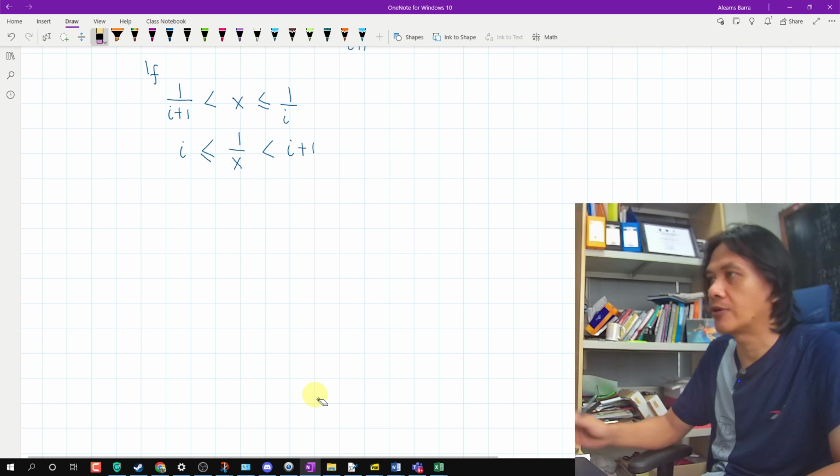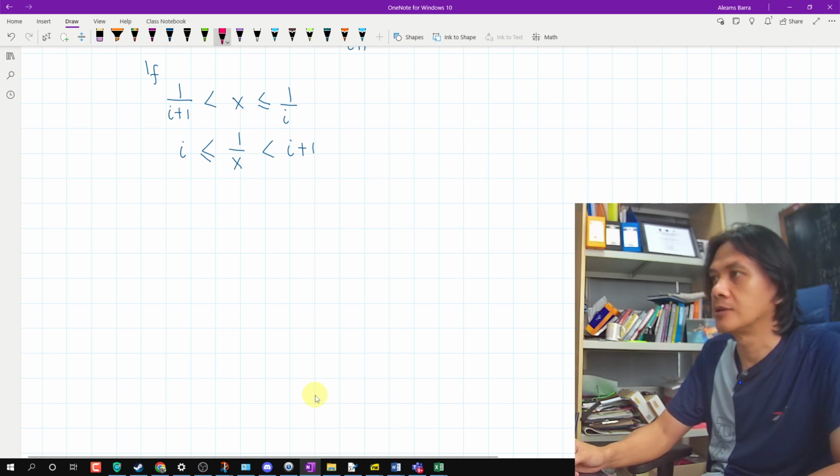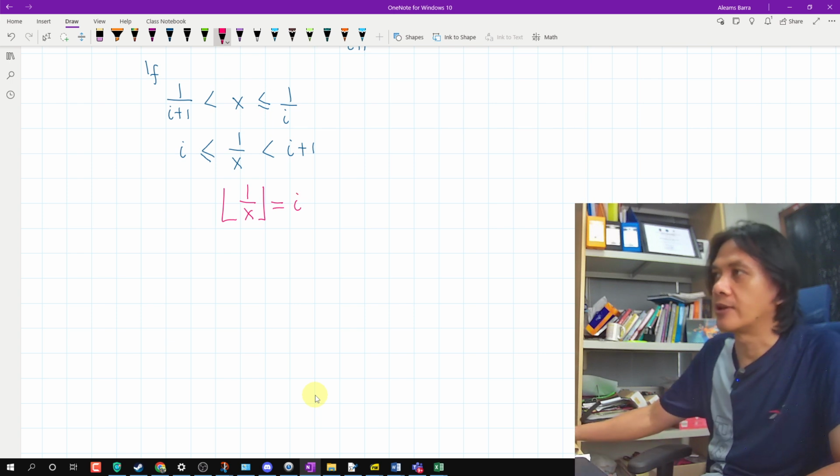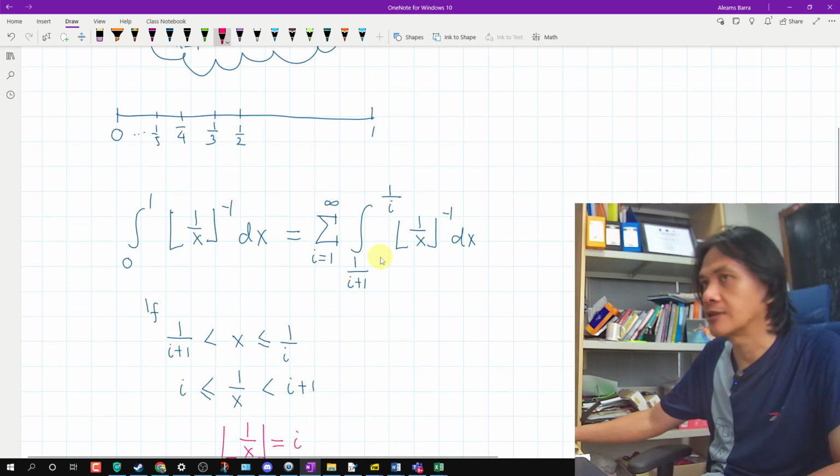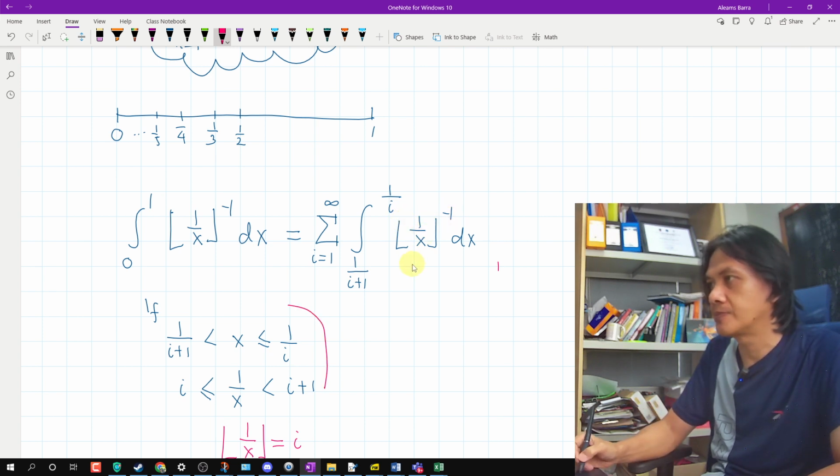So therefore, the floor of 1 over x is going to be i, right? So then we can replace in this integral the floor of 1 over x with the sum from i equals 1 to infinity.